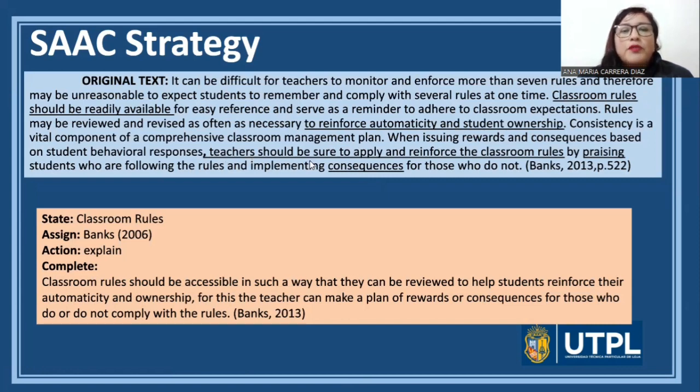Teachers should be sure to explain and reference classroom rules and praising and consequences. Okay, in the pink box, we can see how to place the state, assign, action, and complete. As you can see in the abstract of the summary, it reduces the number of words, and it contains the keywords and phrases that I underlined in the original text.